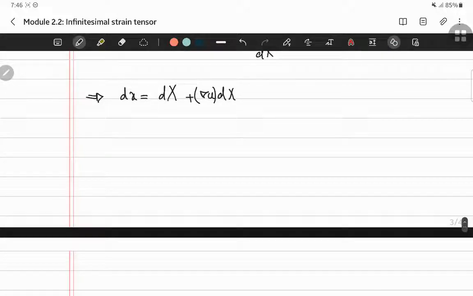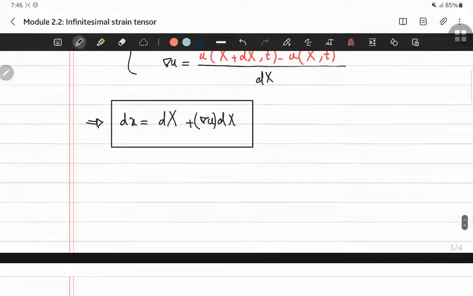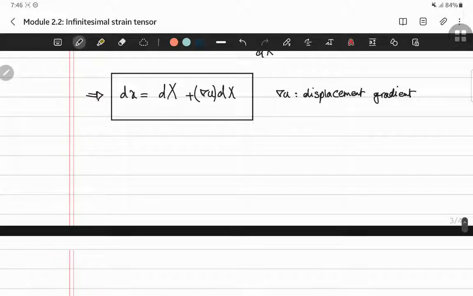So this is another important equation here, where we call this del u the displacement gradient. Sorry, I was looking for the word tensor. So this is the displacement gradient, because here we have a tensor.